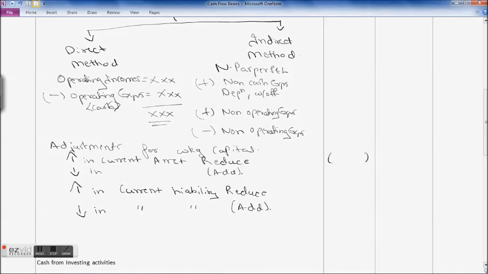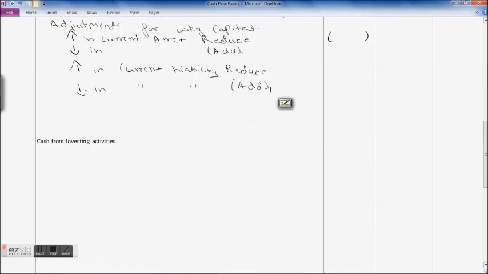Similarly, if there is a decrease in the current asset, that much money has to be added to your cash flow. And the same logic needs to be applied for current liability also. Now this is how you get the cash from operations.